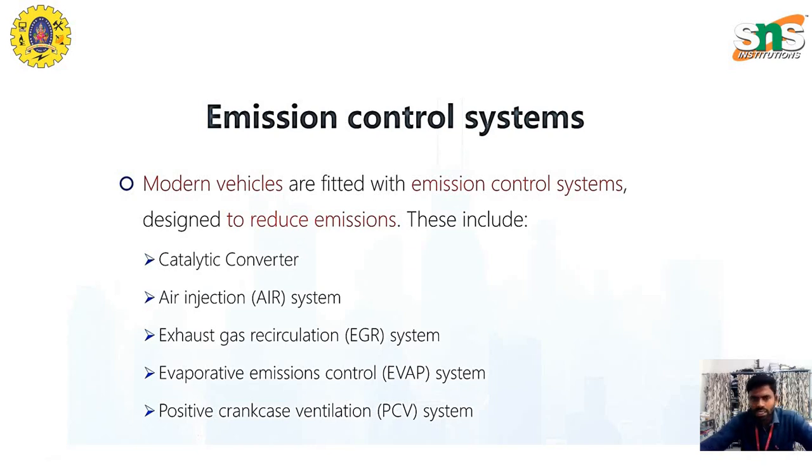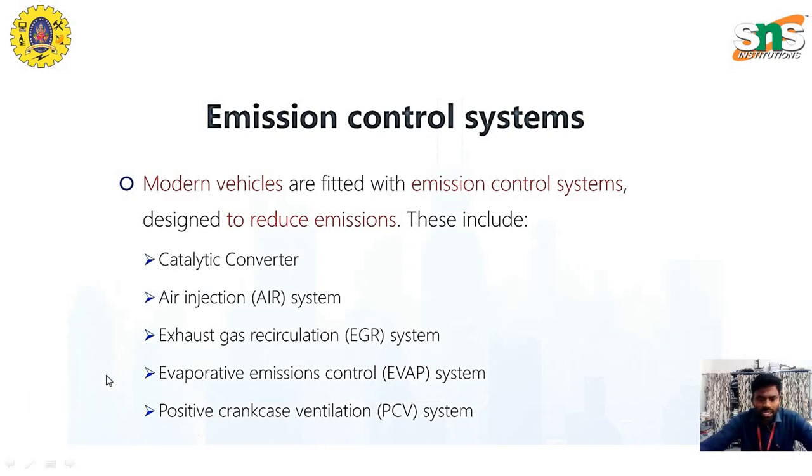These include the catalytic converter. The catalytic converter is an additional part that we fix in the exhaust. It is used to control emissions, and it completely absorbs the toxic emissions that are emitted.